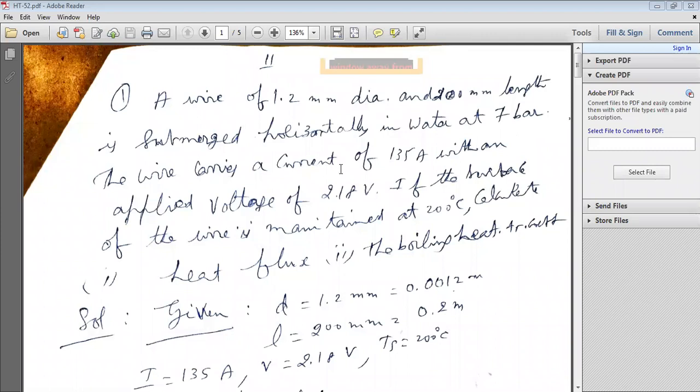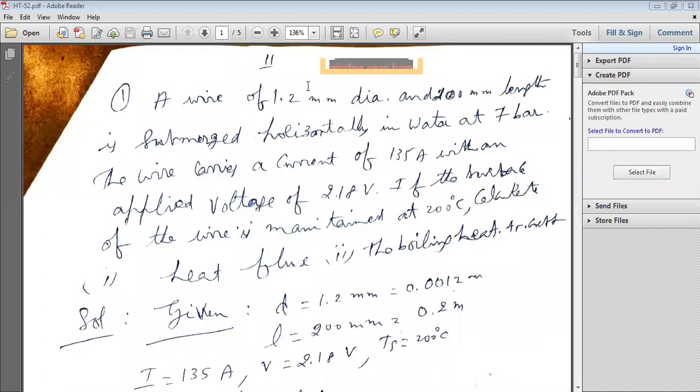The wire carries a current of 135 amperes with an applied voltage of 2.18 volts. If the surface of the wire is maintained at 200 degrees centigrade, calculate the heat flux and the boiling heat transfer coefficient.